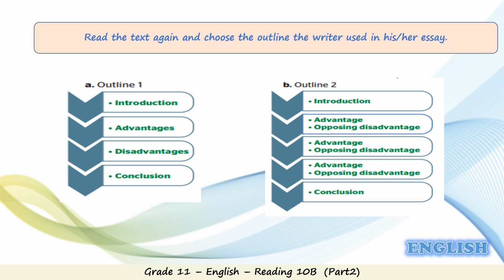And the 5th paragraph is the conclusion. So, which of these 2 outlines relates to our text? Yes, it is outline 2. Very good. It's easier to figure out the answer since the text has 5 paragraphs already.